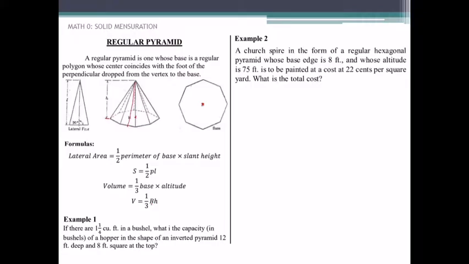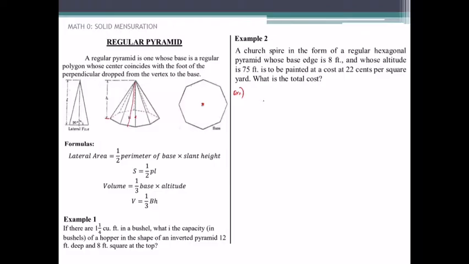Okay. So for example, we have here sample problem number 1. Let's try to solve. If there are 1 and 1/4 cubic feet in a bushel, what is the capacity in bushels of a hopper in the shape of an inverted pyramid, 12 feet deep and 8 feet square at the top?